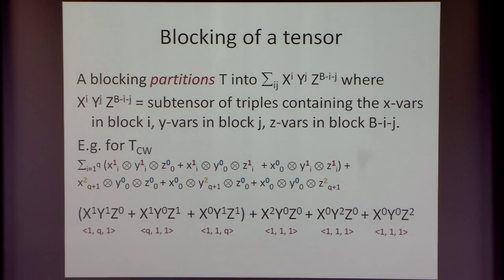So this blocking gives a partitioning of this particular tensor into a sum of matrix products, which if it were a direct sum, then we would be done, but it's not, because these things share variables. And the goal later on is just to remove the shared variables and apply the value theorem on this.